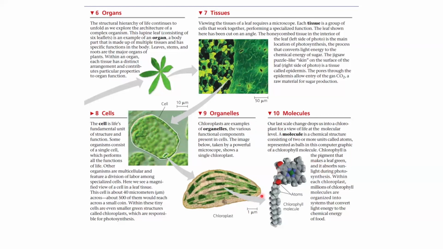Then zooming in further on organelles, we have molecules, where molecules are composed of atoms. A molecule is a chemical structure consisting of 2 or more units called atoms, represented as balls in this computer graphic of a chlorophyll molecule. So zooming in the most, we get to the molecule.